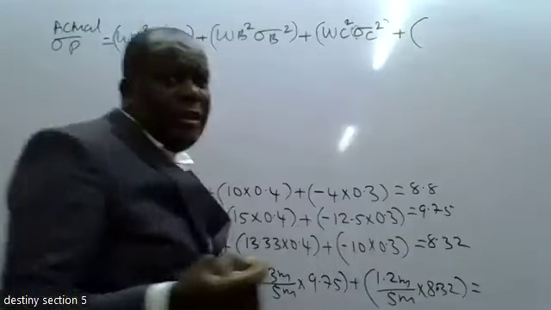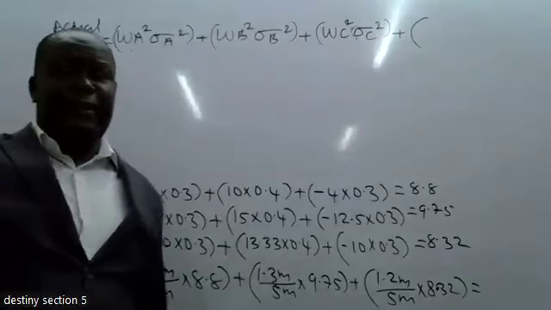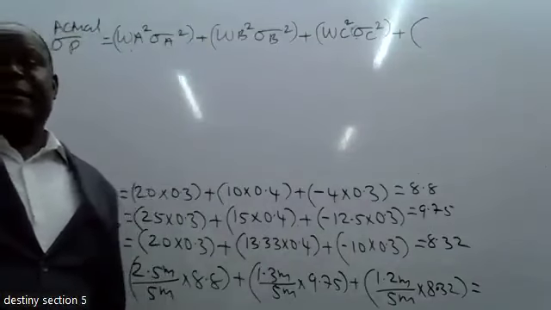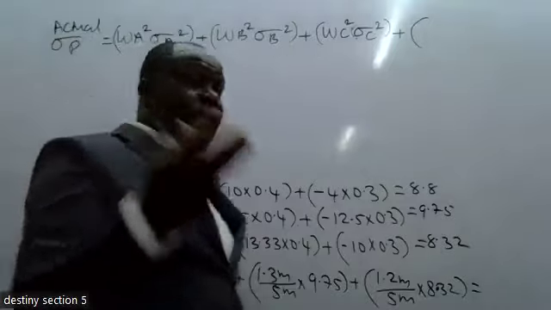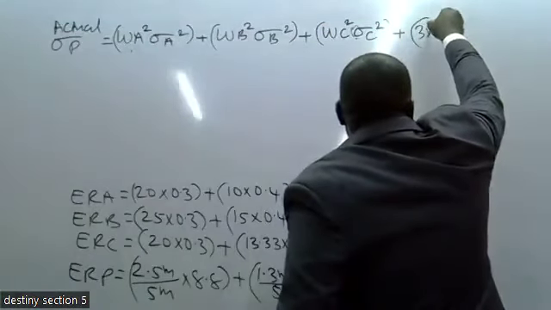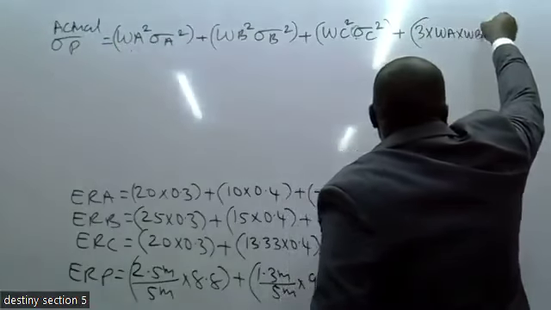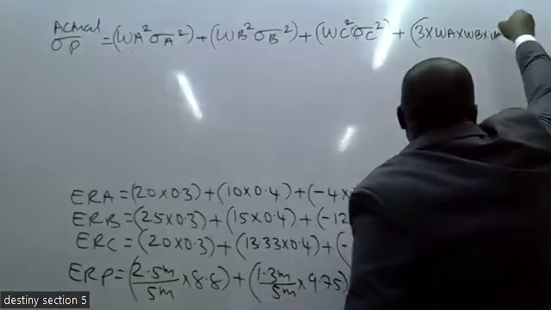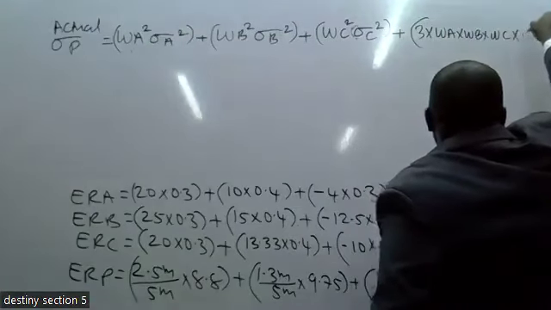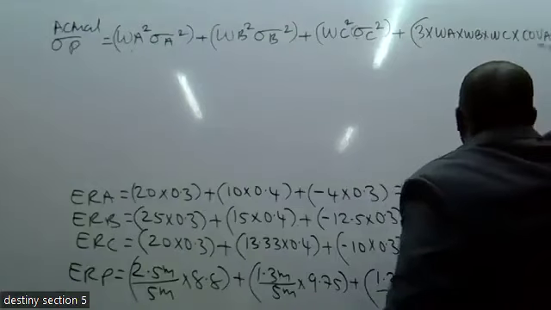Remember, when there were 2 assets, it was 2 multiplied by the weight of A and the weight of B. But this time there are how many assets? 3. So this one will be 3 multiplied by the weight of A, the weight of B, the weight for C, then the covariance between A, B, and C. Relax.